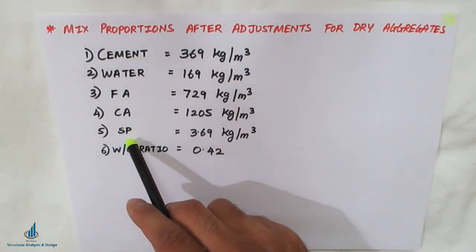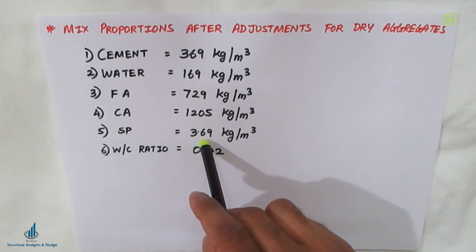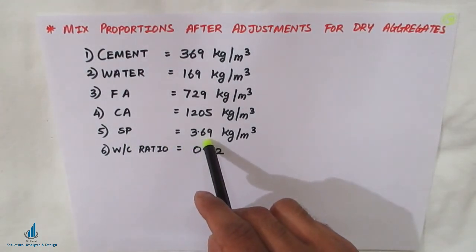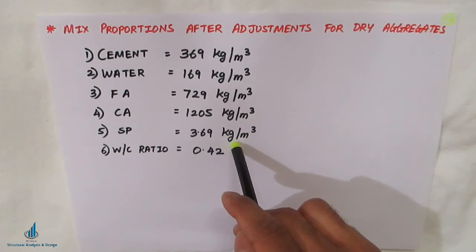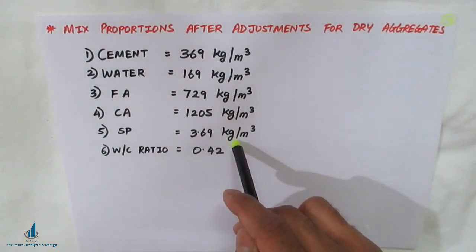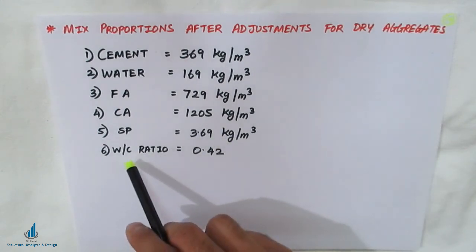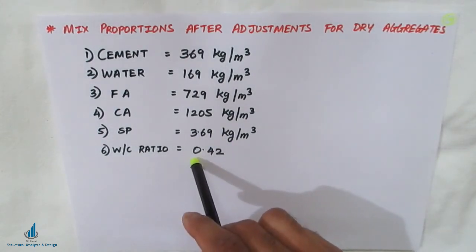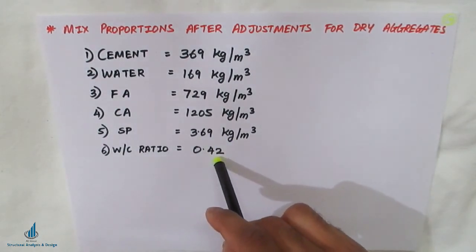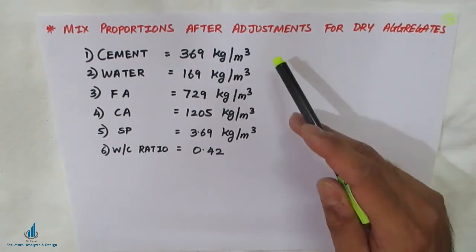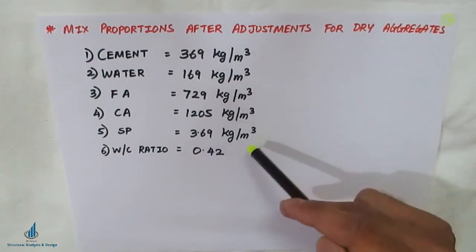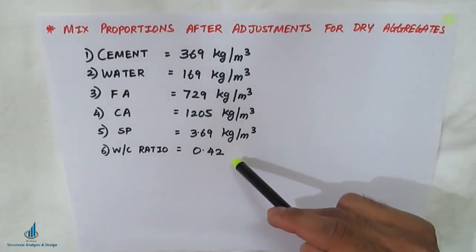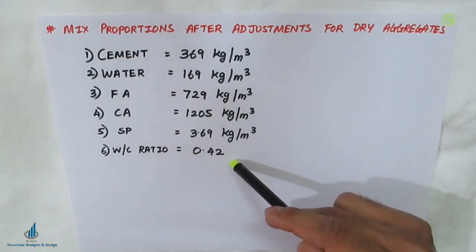Superplasticizer at the rate of 1% of the cementitious material you are using will become 3.69 kg per meter cube, as it was in the previous calculations. And the water cement ratio you are maintaining as 0.42. So this is the final proportion which you are using after this adjustment for dry aggregates.